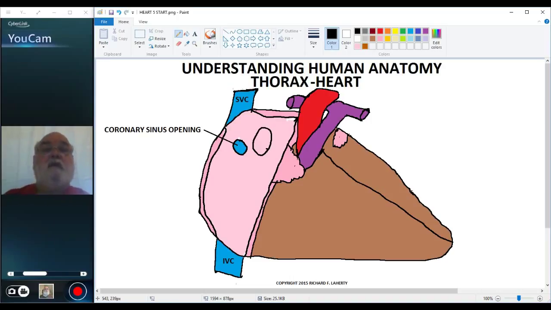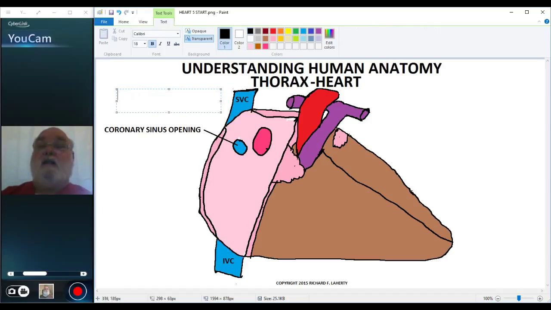Like so. And I'm going to color it a little bit darker than I did the wall of the atrium, just to indicate that it is a slight depression. This is the fossa ovalis.